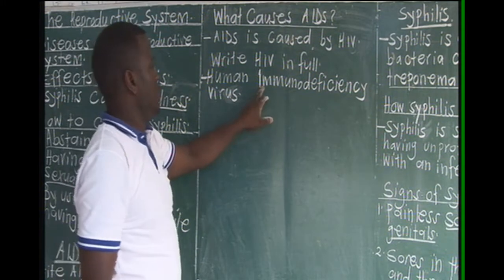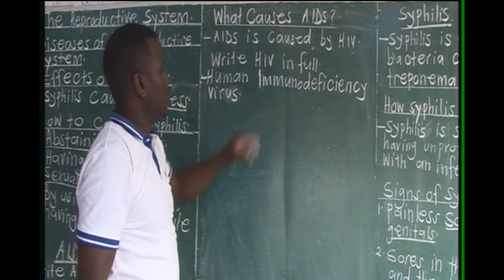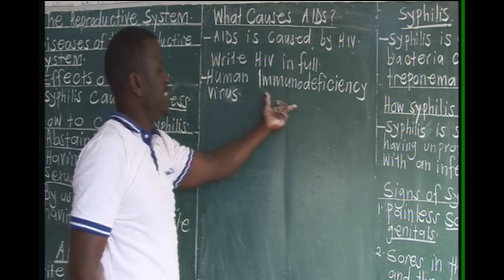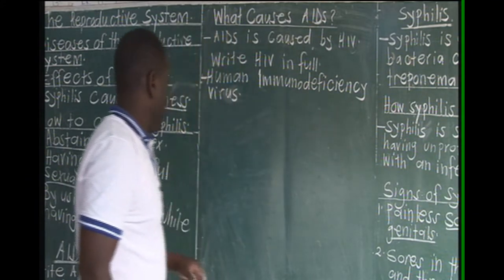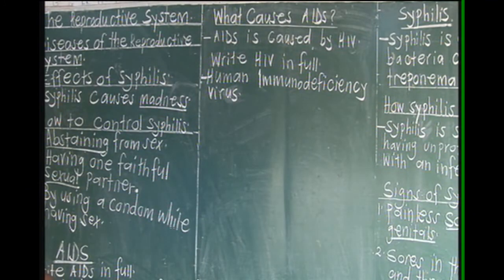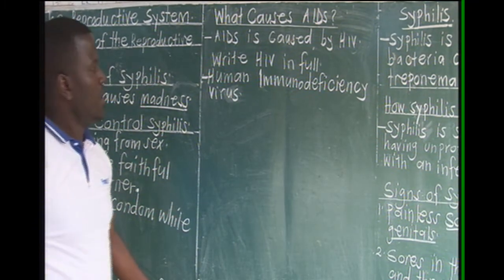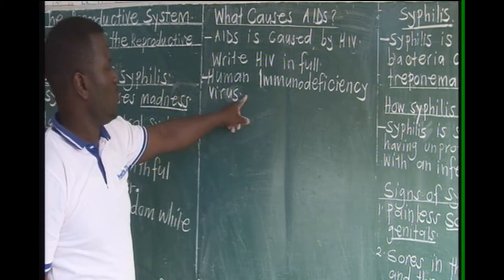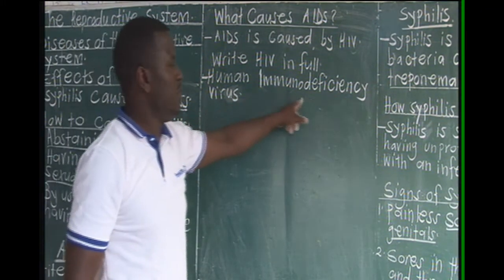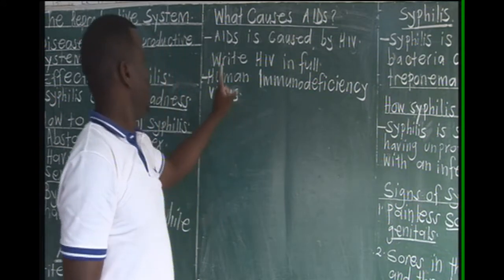The word immunodeficiency, you have to make sure that immunodeficiency is one word. It's not like AIDS. With AIDS, we have acquired. Immune is different from deficiency. But when you're writing HIV in full, you must write immunodeficiency as one word.